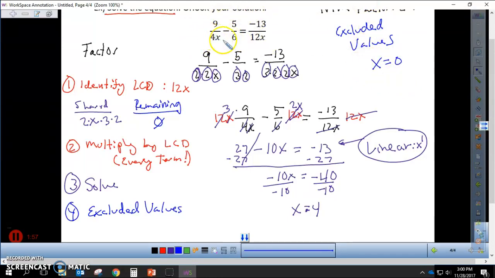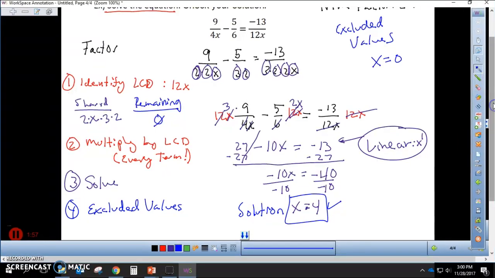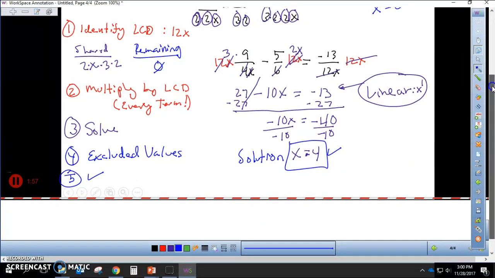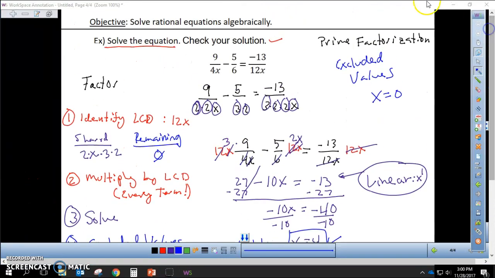I can't plug in 0. That's my excluded value. So 4 is good. This is our solution. And thus we have solved our rational equation algebraically. We have accomplished our objective.